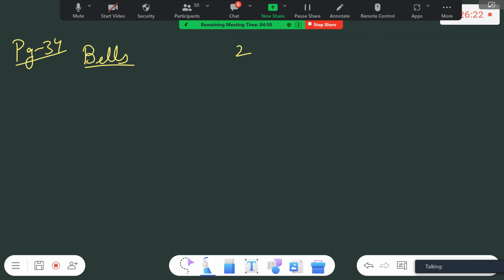Now, the 6 bells are ringing at particular intervals. What do you mean by interval? After every this much of time, isn't it? You have your class period. How many minutes? 45 minutes. So, your period bell rings after every 45 minutes. Likewise, we have 6 bells given here.